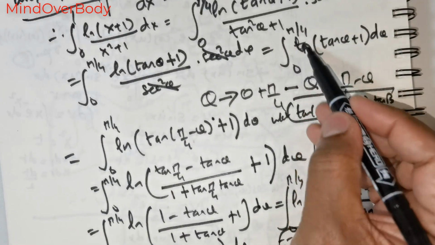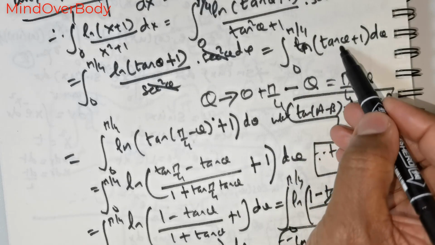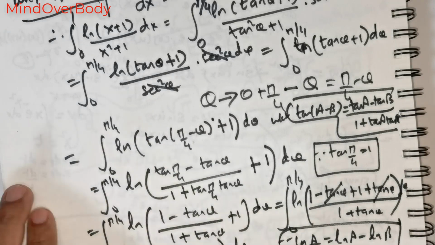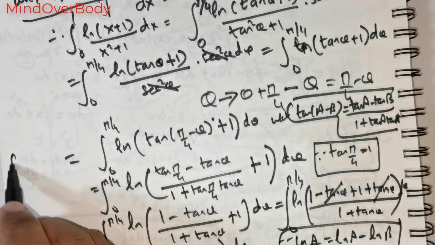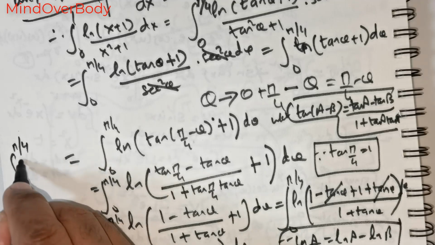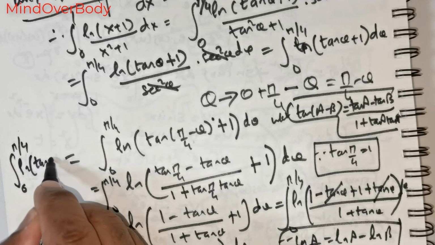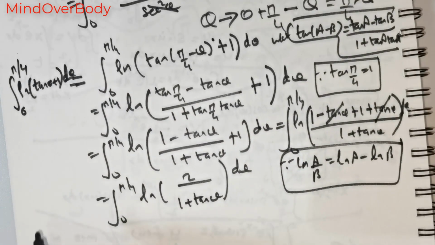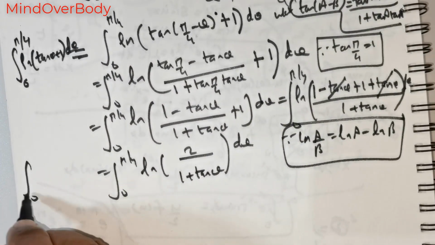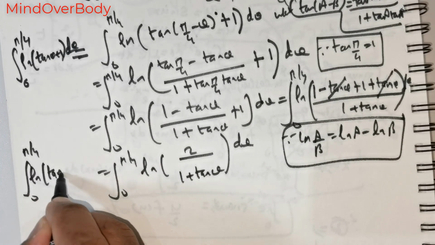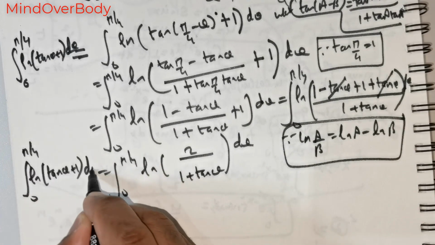Now the integral from 0 to pi over 4 of ln of (tan theta + 1) times d theta is actually on the left hand side. So make sure to place that integral from 0 to pi over 4 of ln of (tan theta + 1) times d theta.